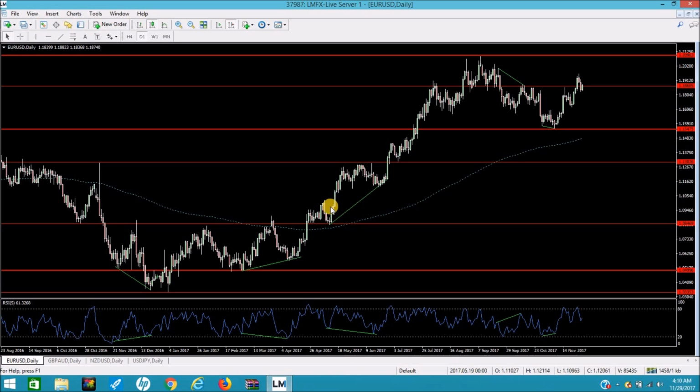And as y'all know, if you didn't know, every candlestick represents 1 day worth of data. This candlestick right here was literally 1 day worth of data.